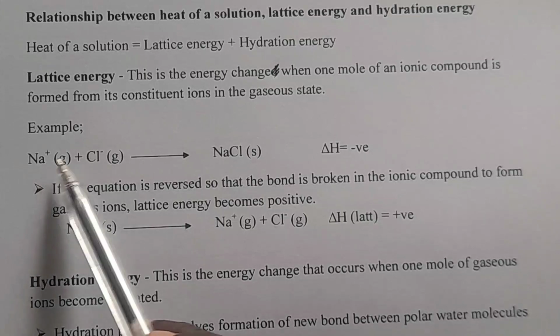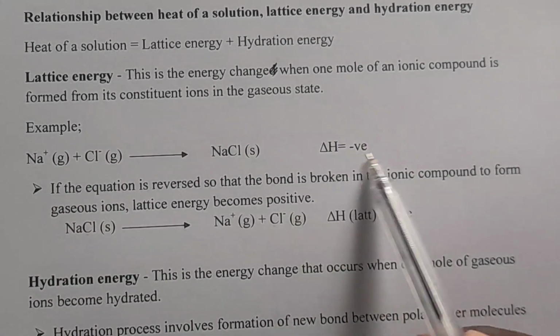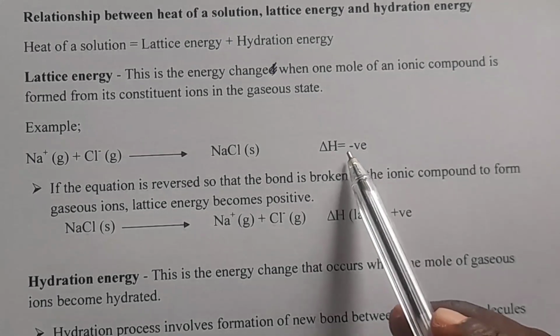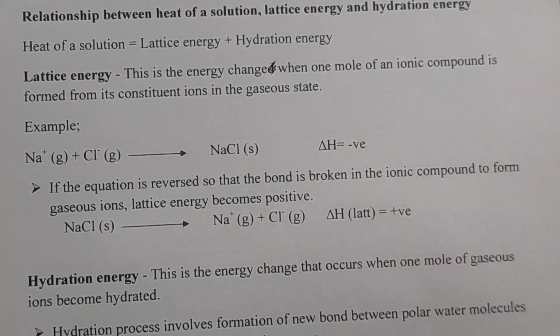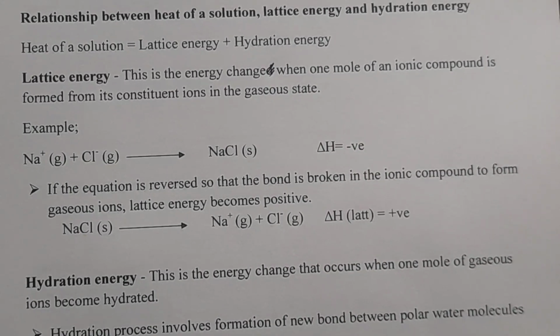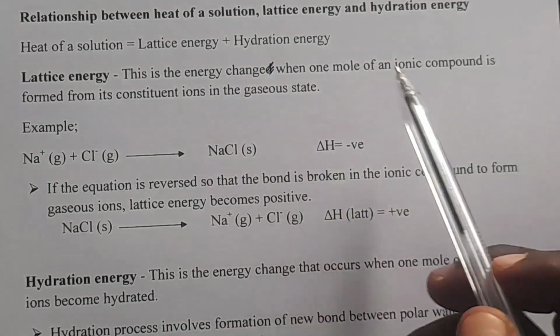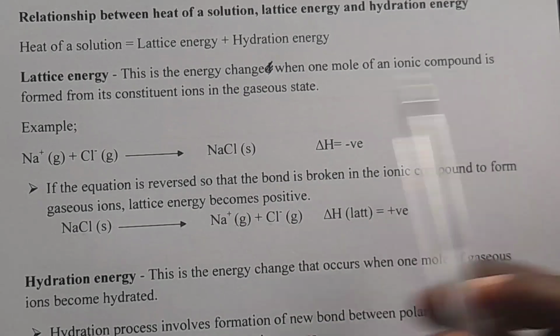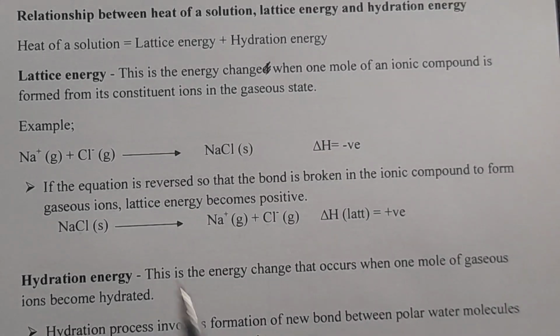If you reverse an equation, the sign of the enthalpy change will also become opposite, so it will be positive if it was initially negative. Okay, that is lattice energy. What's lattice energy? The energy change when 1 mole of an ionic compound is formed from its constituent ions in the gaseous state.